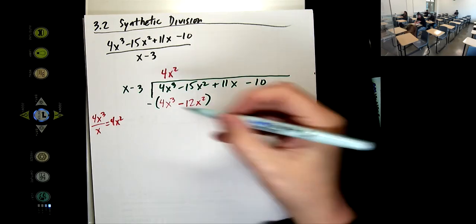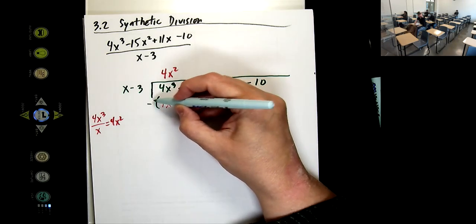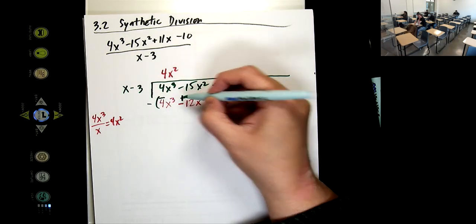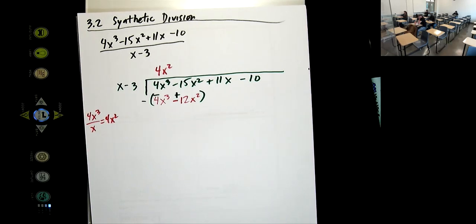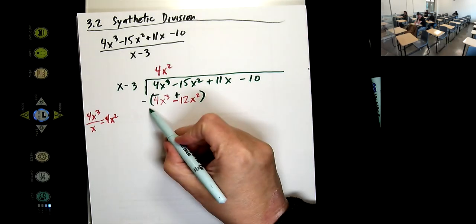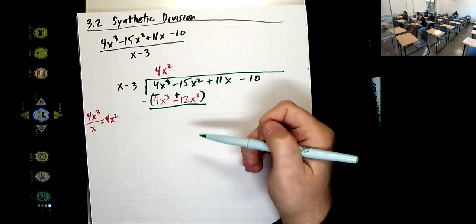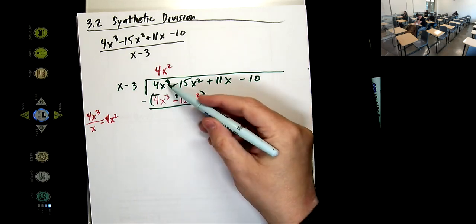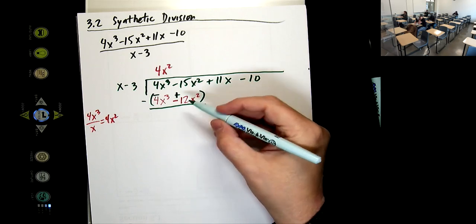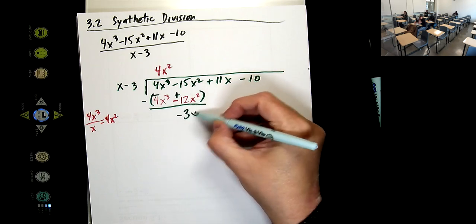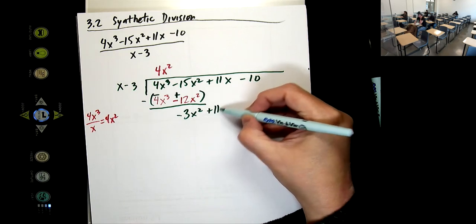The easiest way to go about it is to move the negative in by changing the signs. The 4x cubed minus 4x cubed goes away. Negative 15x squared plus 12x squared is negative 3x squared. And I bring down the rest.